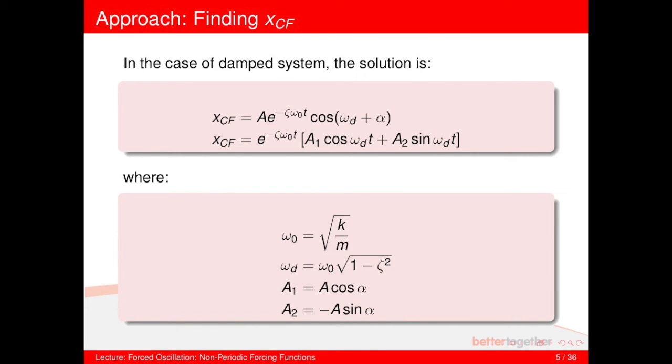In the case of a damped system, you've got this as your free response. The only difference is this is now alpha, not phi, and you've got this decaying exponential in there as well, e to the power of minus zeta omega naught, and your frequency is now omega d. There should be a t there. Apologies.